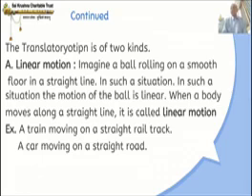Example, a train moving on a straight rail track. Second example, a car moving on a straight road. These are some of the examples of linear motion.